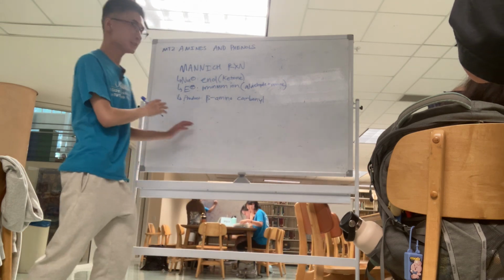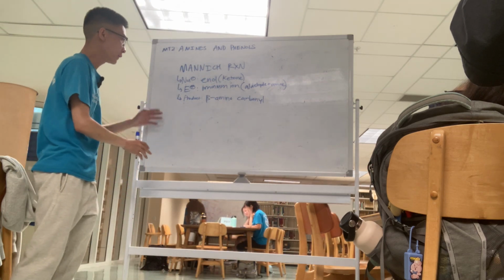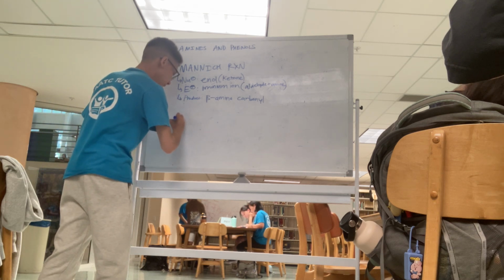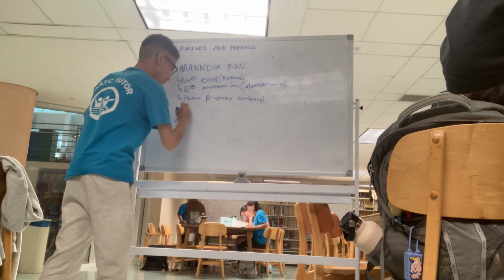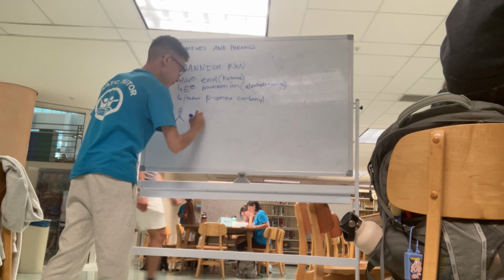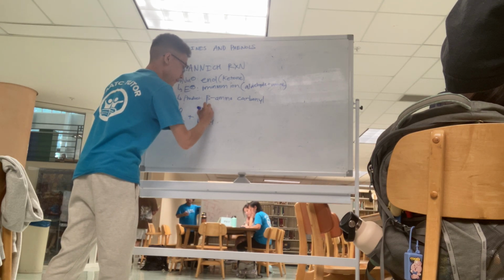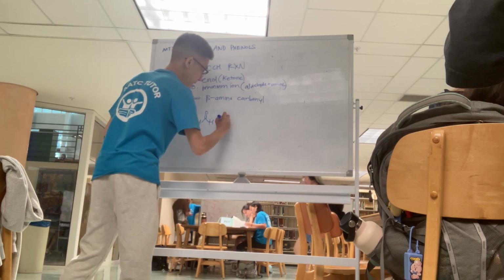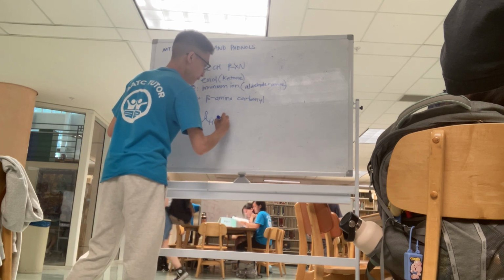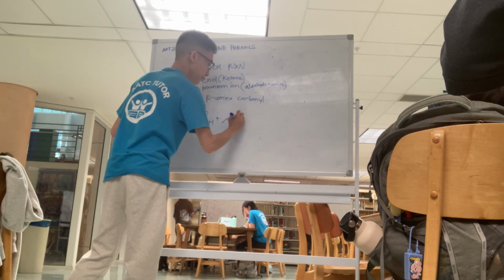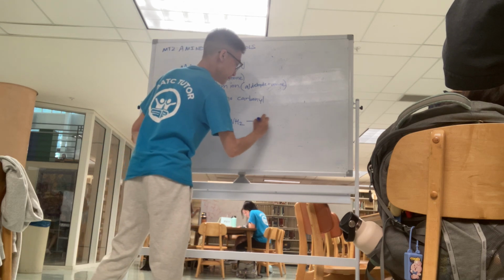And I'm going to show you an example of this right now, where let's say we have these reagents here, this ketone plus this formaldehyde plus, let's say, this amine, and this is going to happen in acidic conditions.